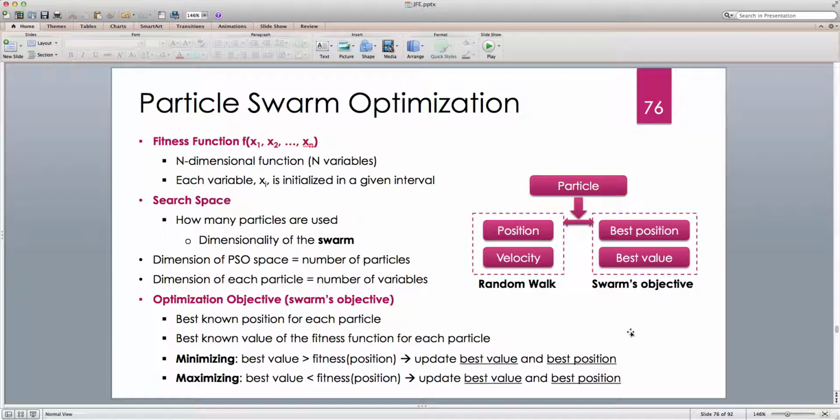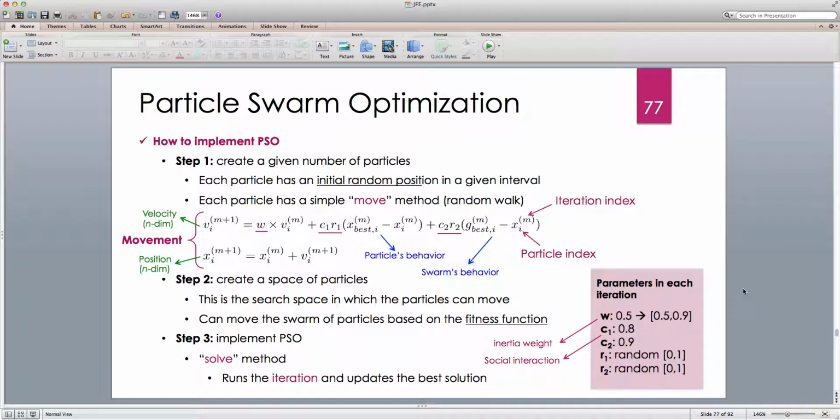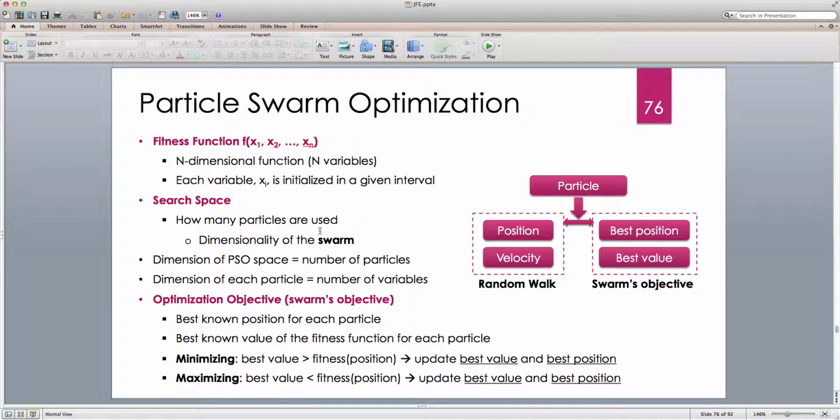Even though each individual particle has a random behavior, in general the swarm has a particular objective in mind, and we call that objective a fitness function. That fitness function determines whether we want to maximize or minimize. So the swarm's objective is determined based on the maximization or minimization of a fitness function, or a general given function.